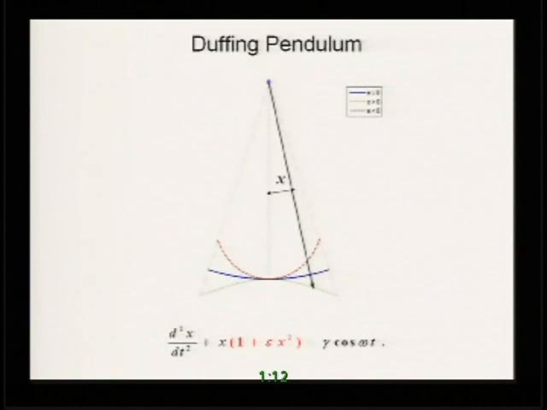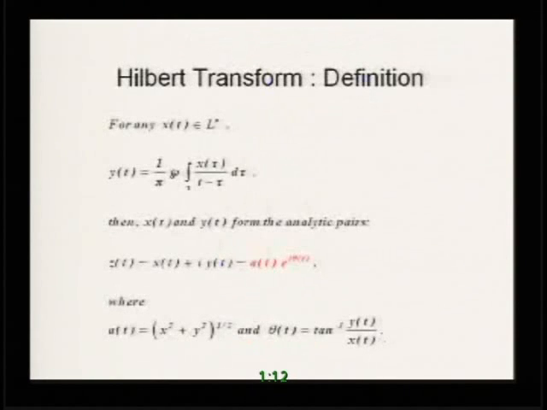Now, if frequency changes from place to place, from time to time, and we want to describe that event, how can we describe it? I immediately think, why don't we use the Hilbert transformation? The Hilbert transformation is a simple operation, but it involves a singular integral.